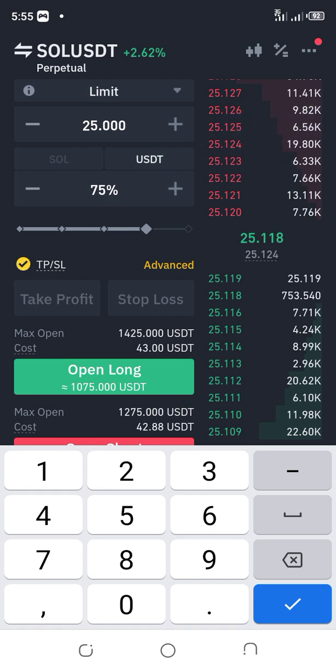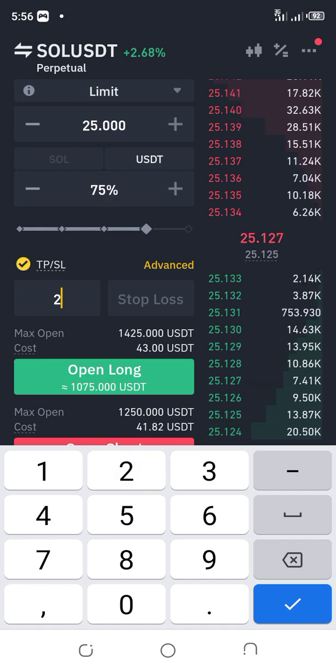You set your take profit price at this point here. All you have to do is tap on the take profit and input the take profit price, which for this example we'll say 27.000 as our take profit price.